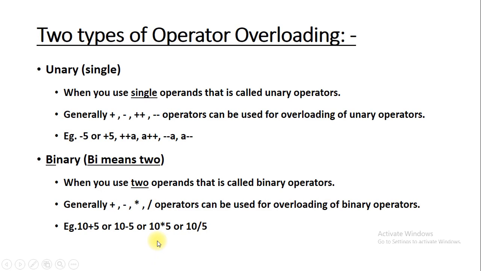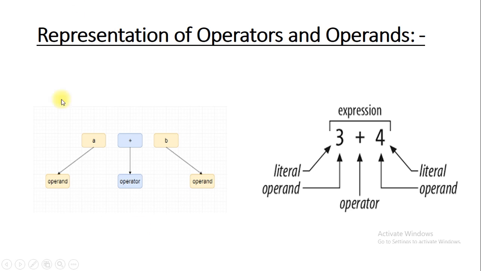Now there are two types of operators. Number one, overloading of unary operator and overloading of binary operator. Now what is the term unary? When you have a single operand, in our previous slide we have seen what an operand is.